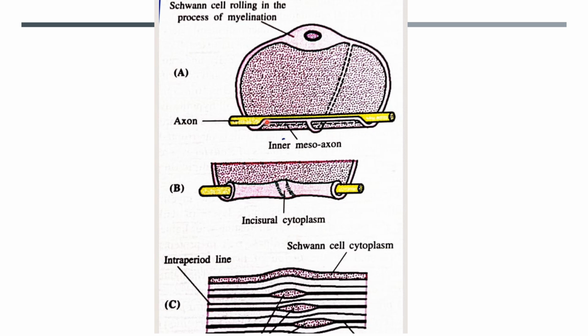The Schwann cell is rolling around the axon like rolling up a calendar, and this is the oblique cleft that we see, the Schmidt-Lanterman cleft. It rolls up in such a way that many layers of mesoaxon are formed, and when lipids get deposited, they form alternate light and dark regions. The light regions are the regions of lipids, and the dark regions show the regions of proteins. So thus the myelin sheath is formed.